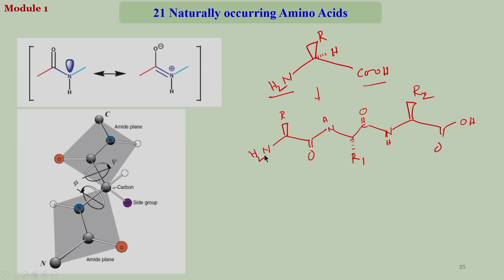So, the peptide is drawn in that fashion. You can draw in many other ways, and you can see that they have a peptide bond, which is basically an amide bond. Now, this peptide bond exists in two different structures. It can have resonating structures.